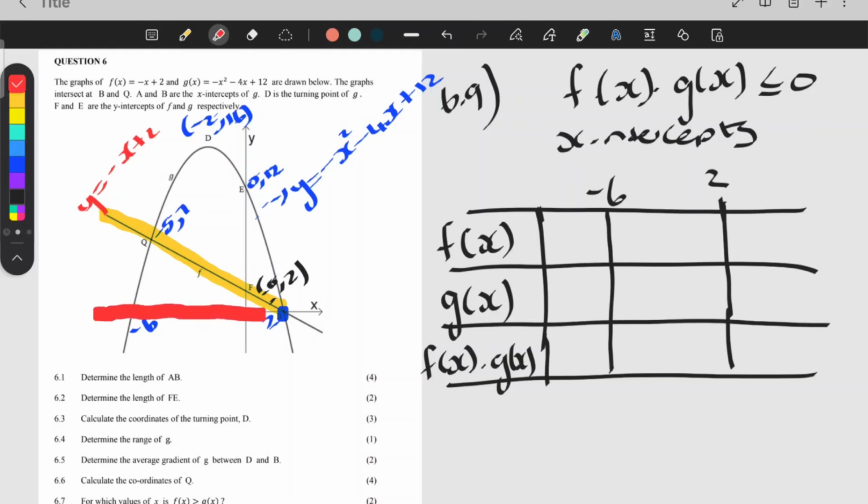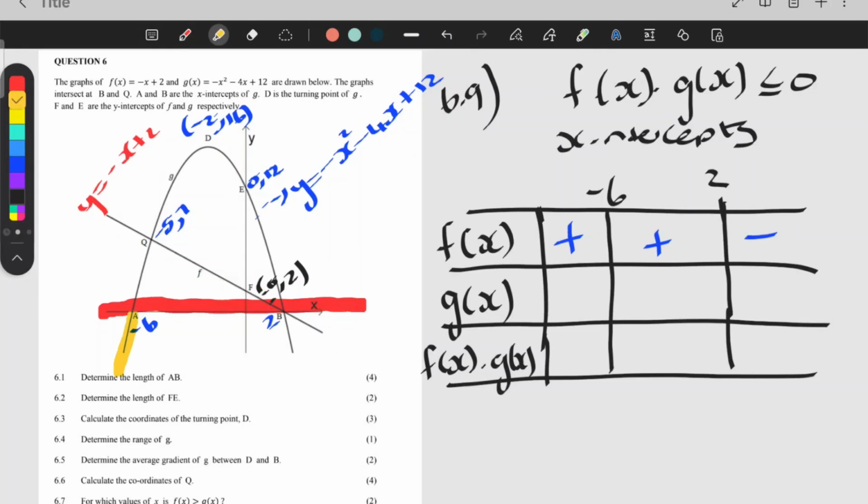This is the x-axis. Is the straight line above or below? It's above. So before 2, the straight line is above. Then after 2, from here to here, the straight line is below the x-axis.